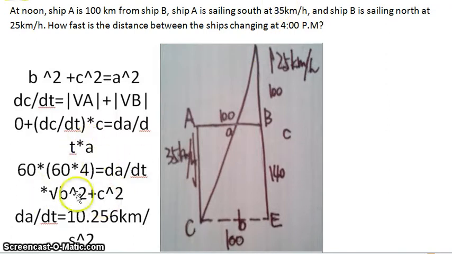And by putting it here, we already know this data. I just do some calculations, and I can get the answer, which is 10.256 kilometers per hour, and that's the answer.